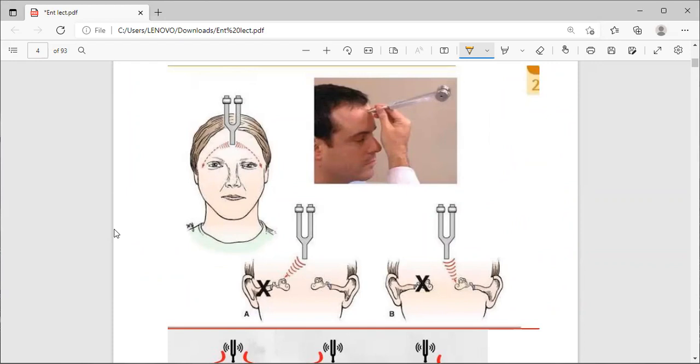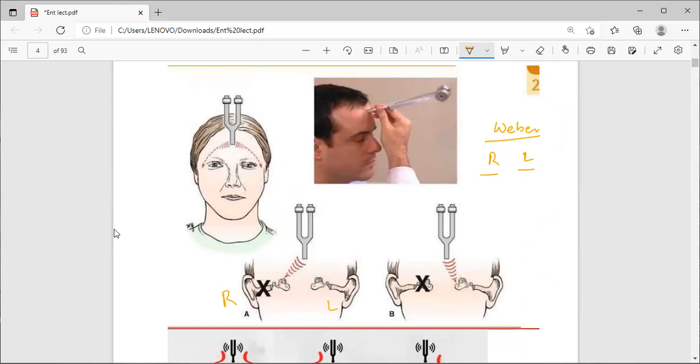Suppose you did the Weber test, on one side, right and left. Here you can see this is the right ear, and this is the left ear.